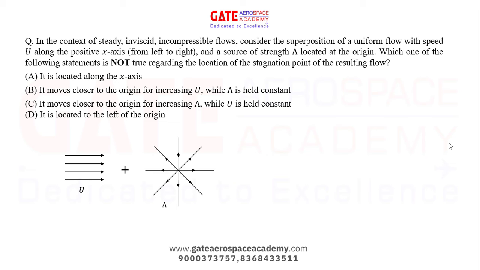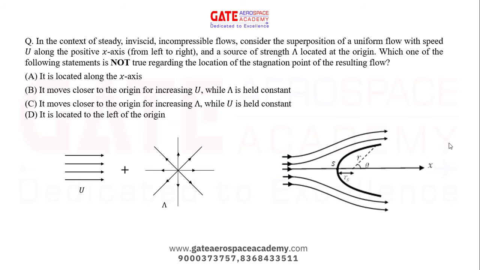right? So we have a half body, right? So stagnation point will be at the left of origin, right? That is true, the option D, correct? And it is also located along the x-axis, that is also true. Option A, option D, both are true, but they are asking which is not true, right?